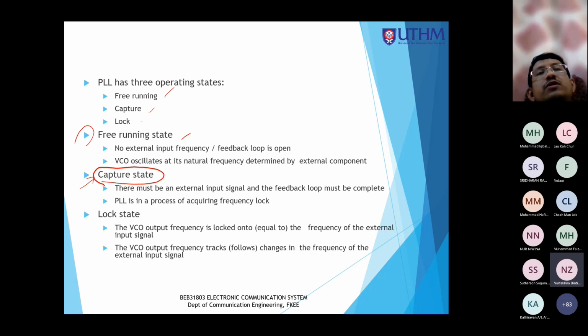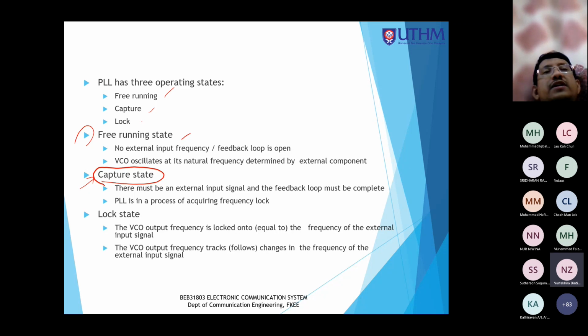Okay, for example, I want to listen to radio station 104.5. So the PLL will try to acquire that frequency. It will try to find whether that frequency is available in the input or not.